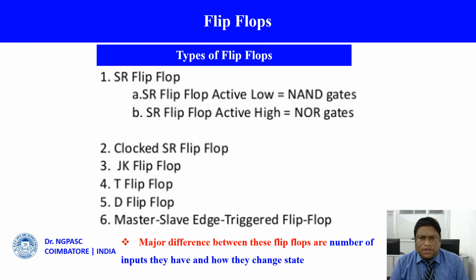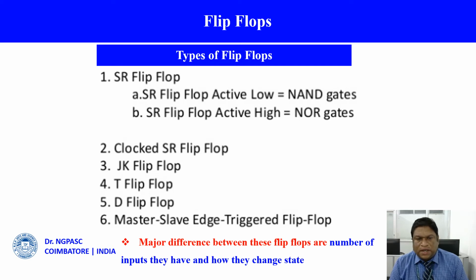Now see what are the types of flip-flops available. The simple first flip-flop is called the set reset flip-flop, or simply the SR flip-flop. It can be made either with the universal gates NAND as well as NOR, and we can also make an SR flip-flop with a clock, which means a clocked SR flip-flop.